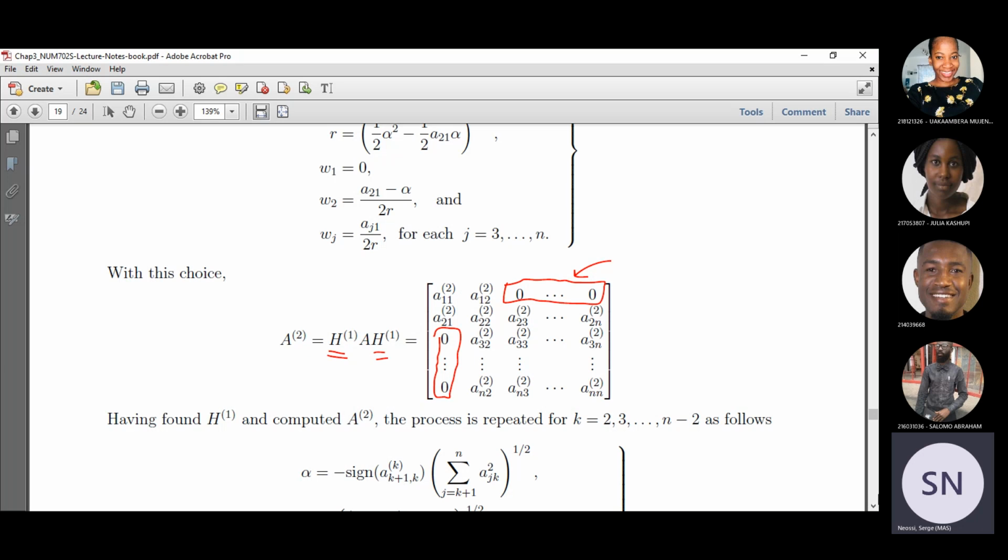So let me write here. This comes from the right multiplication. That is AH1. So that's what produced this. And this one comes from the left multiplication. That is H1 times A.